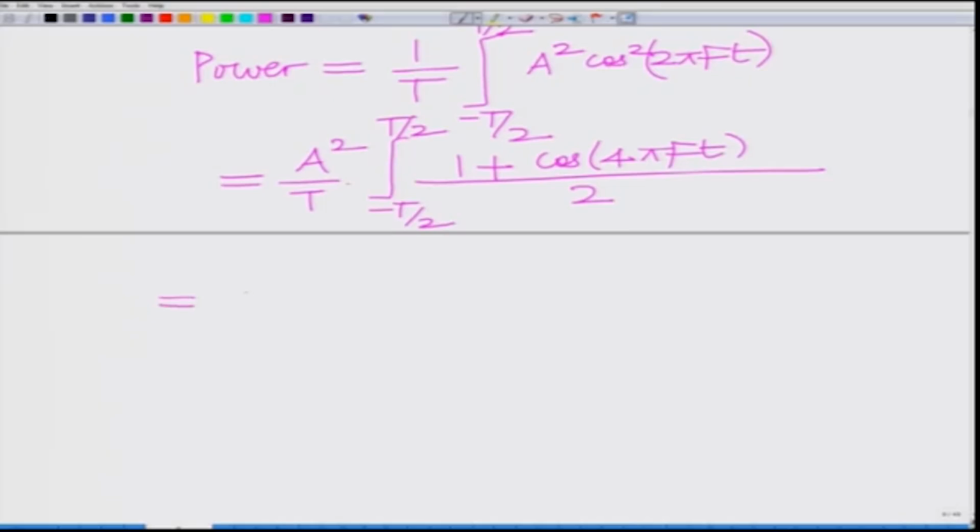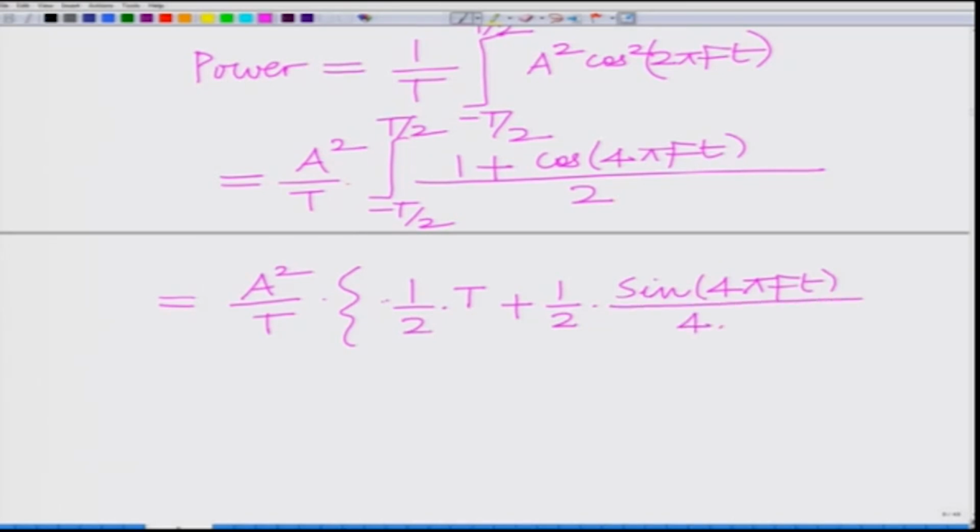So, this is now the integral of half between minus T by 2 to T by 2, which is straightforward, that is half times T, plus half times the integral of cosine 4 pi f t, which is sine 4 pi f t divided by 4 pi f, evaluated between minus T by 2 to T by 2.